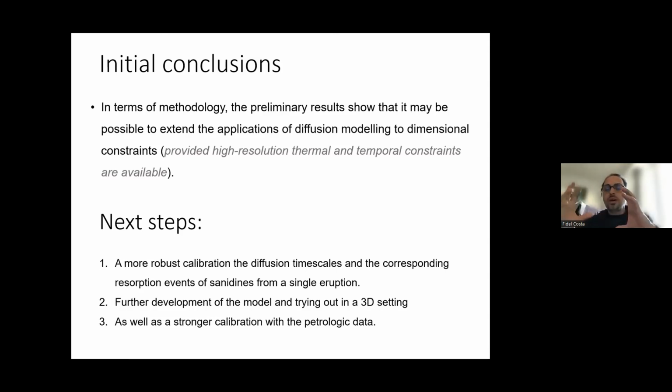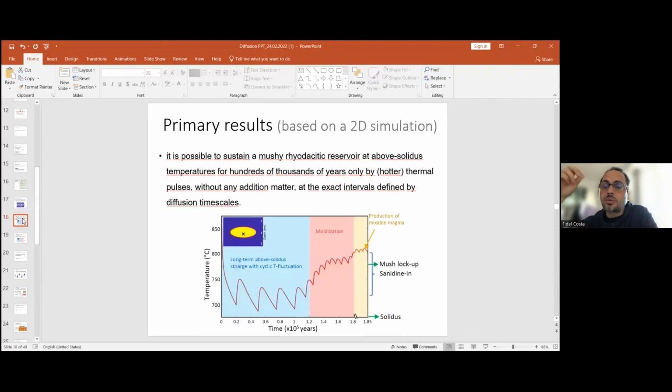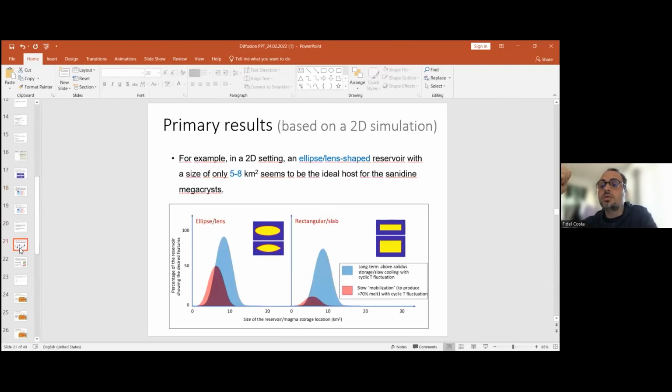When you have the thermal model, you have a relatively big volume, and different parts of the volume have different thermal histories. Right. So then you have to decide which part of the volume you are tracking or comparing.